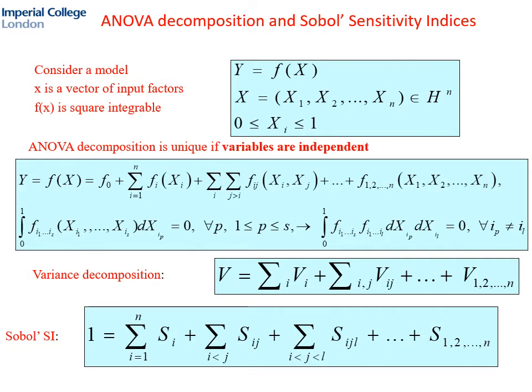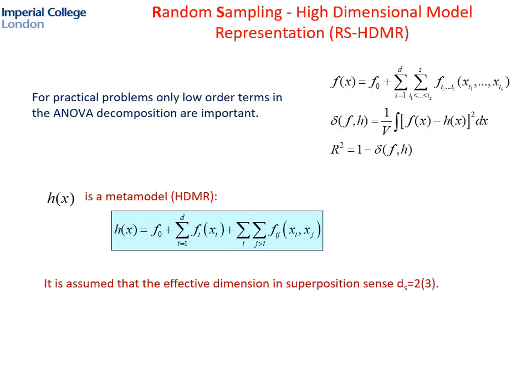Then all terms in this decomposition are orthogonal, and because of orthogonality we can decompose total variance into partial variances presented here. If we normalize this expression by total variance V, we get what are known as Sobol indices. Global sensitivity analysis is a widely used tool for identification of key parameters whose uncertainty most affects model output.